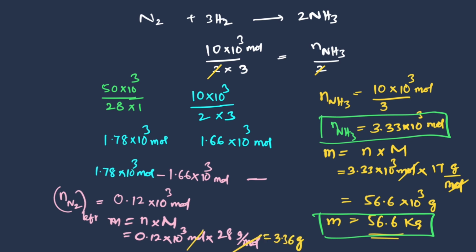3.36 gram. So now according to the law of conservation of mass, whatever we calculated, right or wrong, we can check. Sorry, here this 10 power 3 is there, therefore we can convert into 3.36, that is kg actually, not gram. It is 10 power 3 gram, so 3.36 into 10 power 3 gram converts to 3.36 kg.